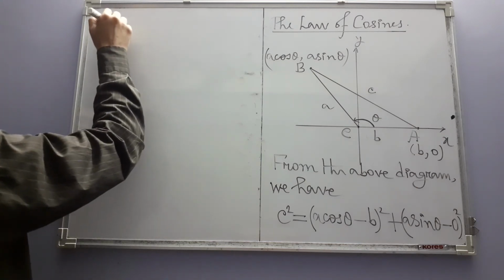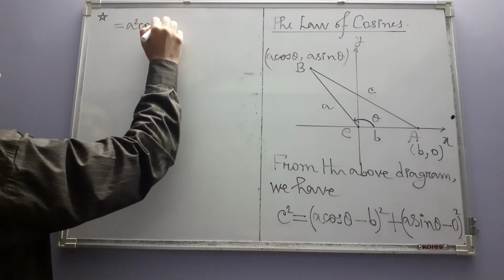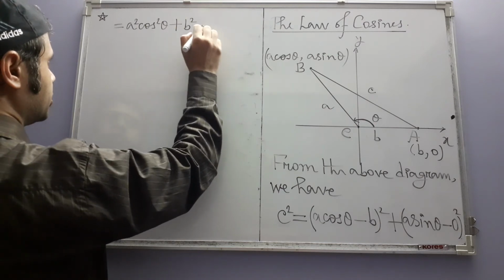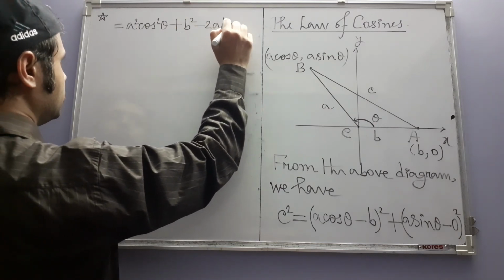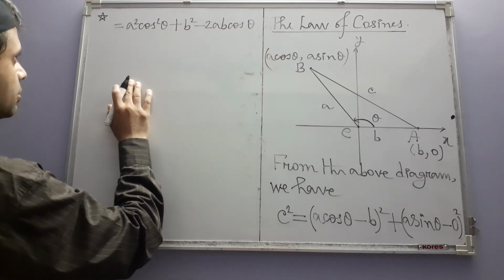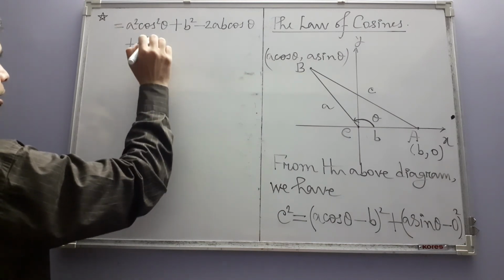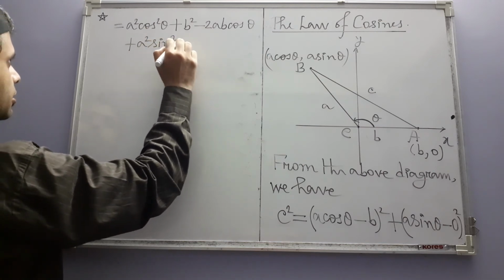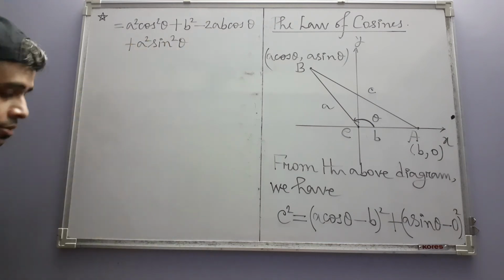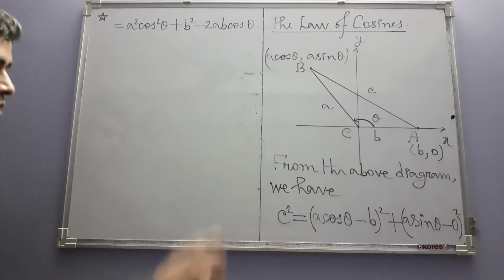So this becomes a squared cos squared theta plus b squared minus 2ab cos theta, a cos theta times b, which is 2ab cos theta, plus a squared sin squared theta. I am writing it as a continuous line, right?